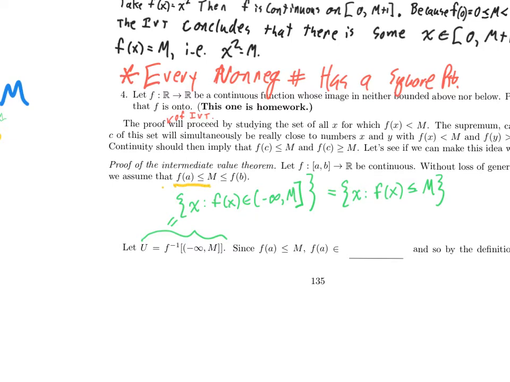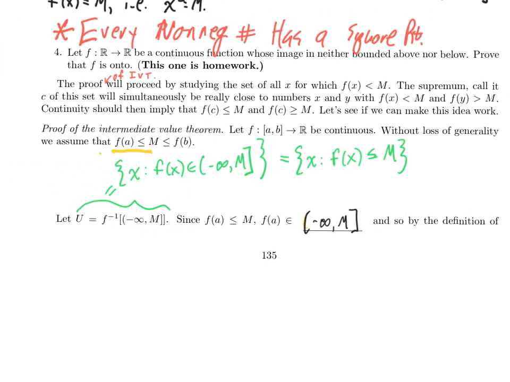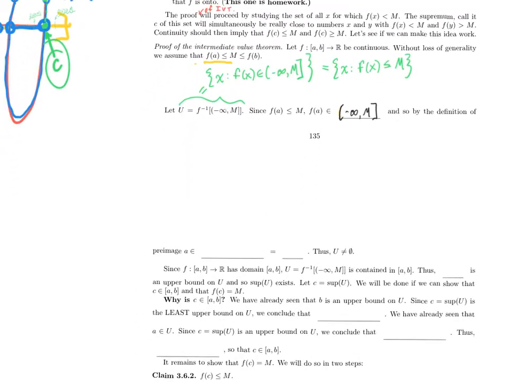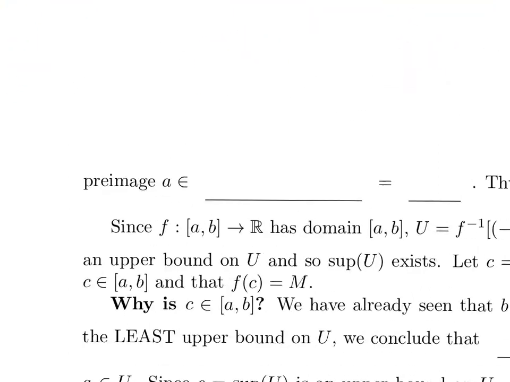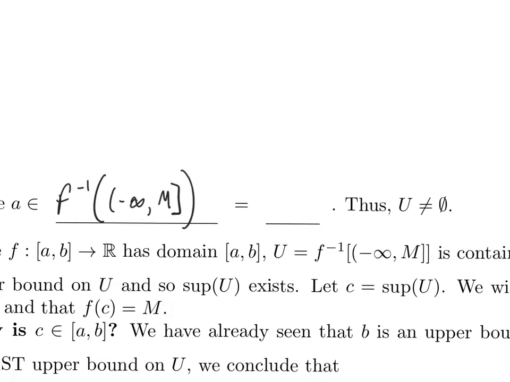So that means that f of a is in the interval from negative infinity to m. So by the definition of preimage, that means that a is in f inverse of the interval from negative infinity to m, which is the set that we called U. So we just constructed an element of U, so U is non-empty.